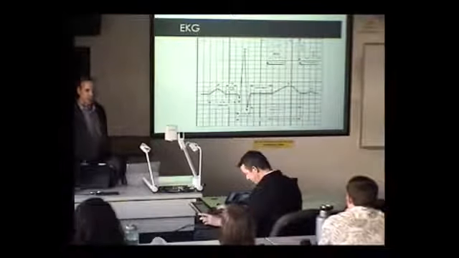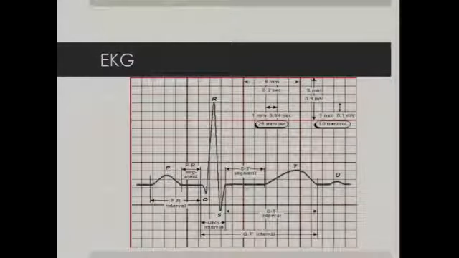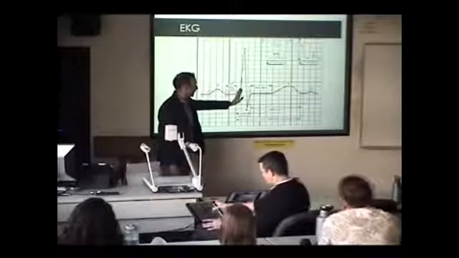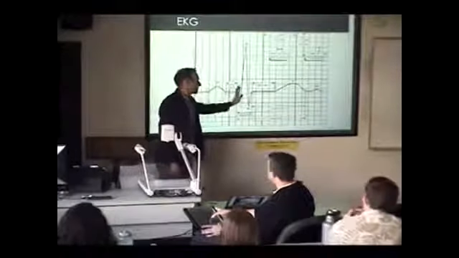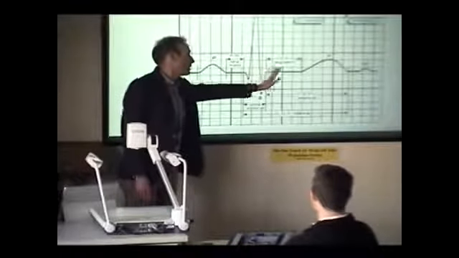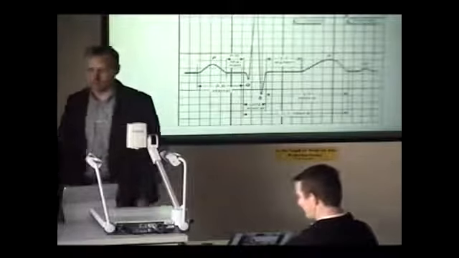The EKG is our way of visualizing the electrical conduction of the heart. The P wave is what starts the sinoatrial cells. So when you see a P wave on the EKG, you know that's when the heartbeat is starting. It goes through to the AV node. I have a picture next that shows this: AV nodal conduction, bundle of His through the AV node, all the way through the bundle branches, and then repolarization to the T wave.